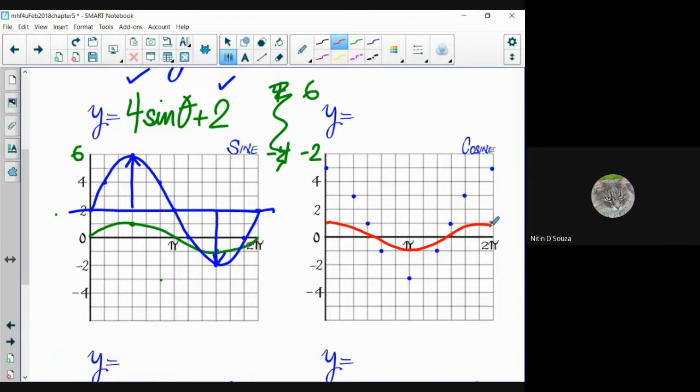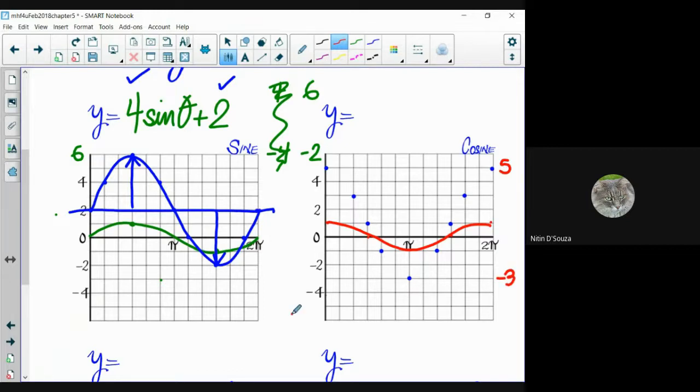So there's my cosine. Obviously, the amplitude has been increased. And the phase shift. I'm sorry, the vertical translation. So here's how you look at it. See, the max here is 5. And the min is -3.